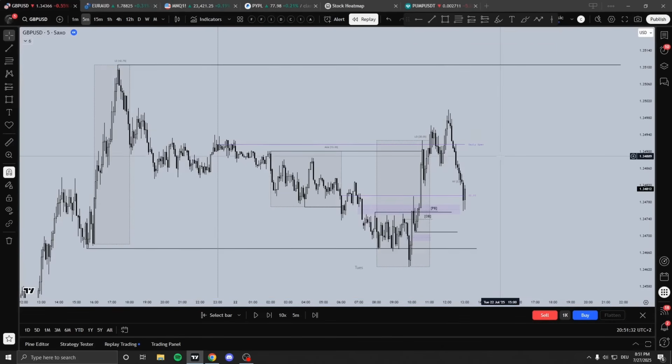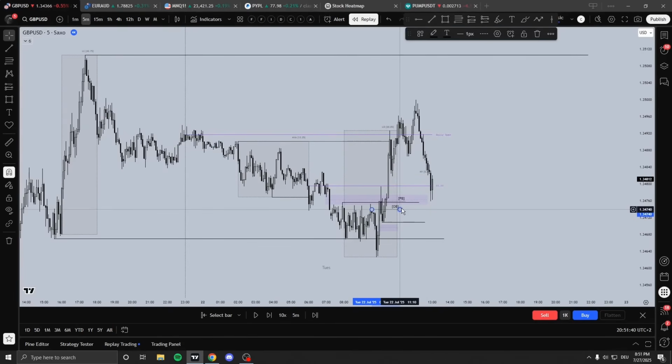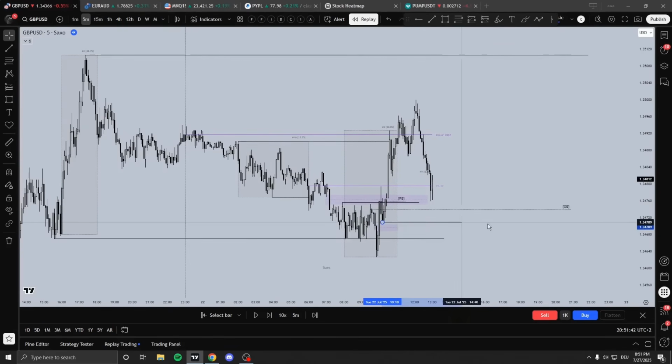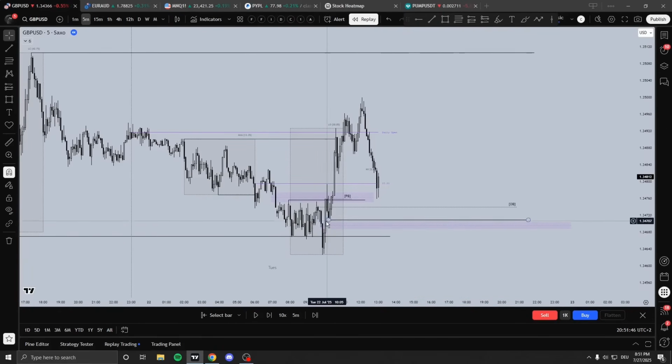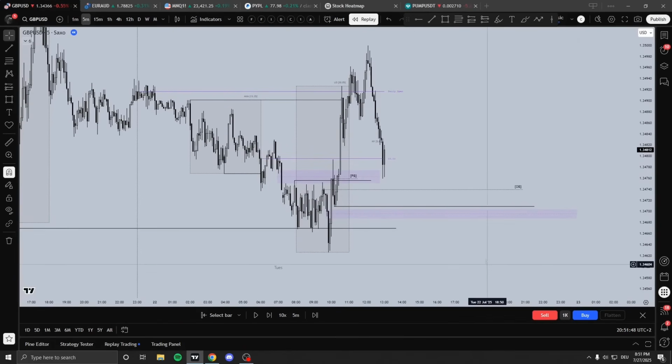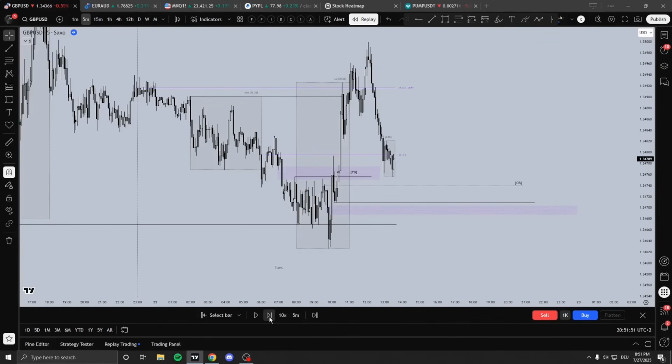But for that, I want to see another confirmation of bullishness, since now on the M5 time frame we are bearish again. Once price has taken out this low, we have the OB here, we got this low, and we got also this inverse value gap inside the OB. Let's see if price can take out this low and then give a decent reaction.